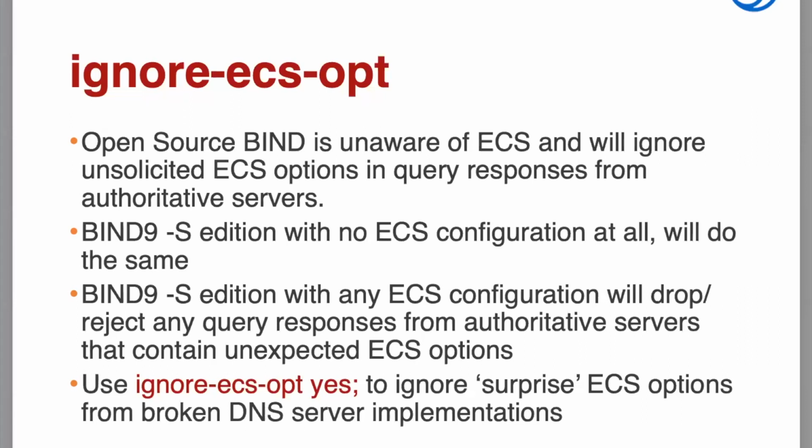But now that you are configured to do ECS, you're going to reject by default any unsolicited query responses from auth servers that have ECS options in them, unless you set this option to yes. And then that gets around the problem of surprise authoritative servers. And yes, there are plenty of surprise authoritative servers out there. So this is a workaround.